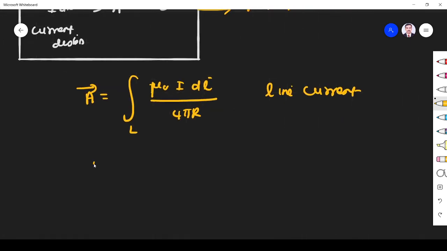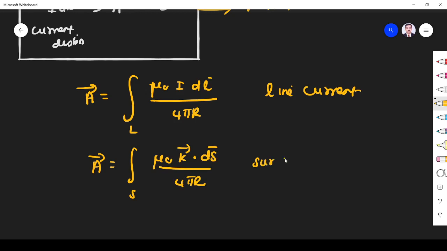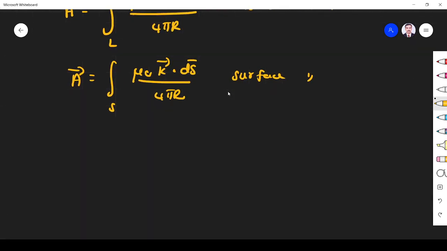Similarly, if it is a surface current, A is given by the integral over S of mu naught K dS by 4 pi R. This is surface current. Similarly, A is equal to the integral over volume of mu naught J dV by 4 pi R, for volume current.